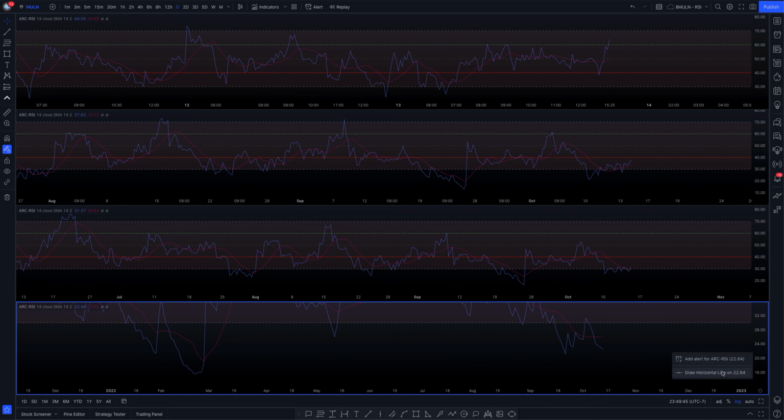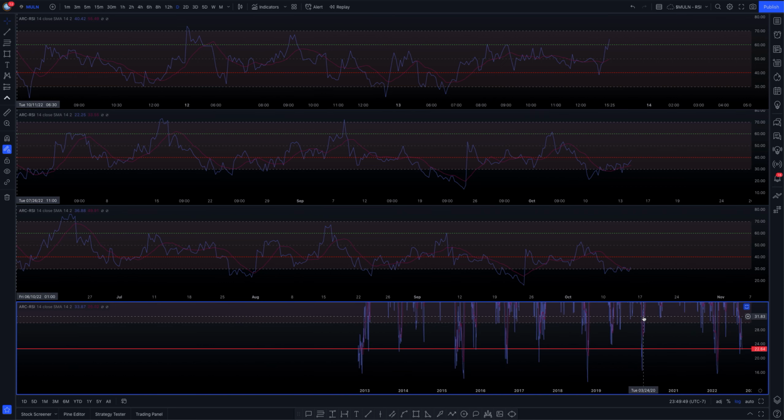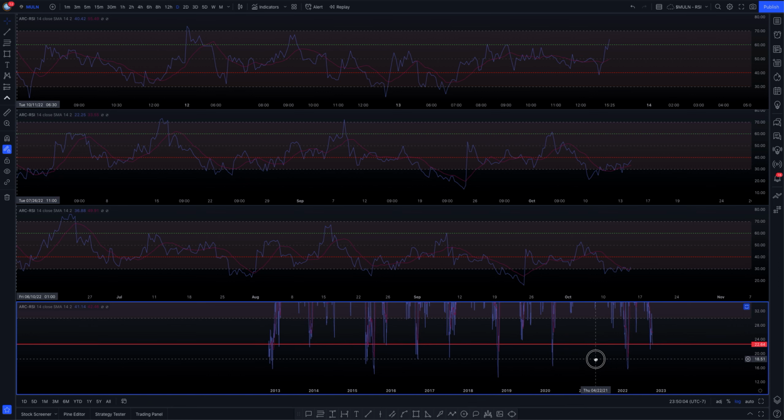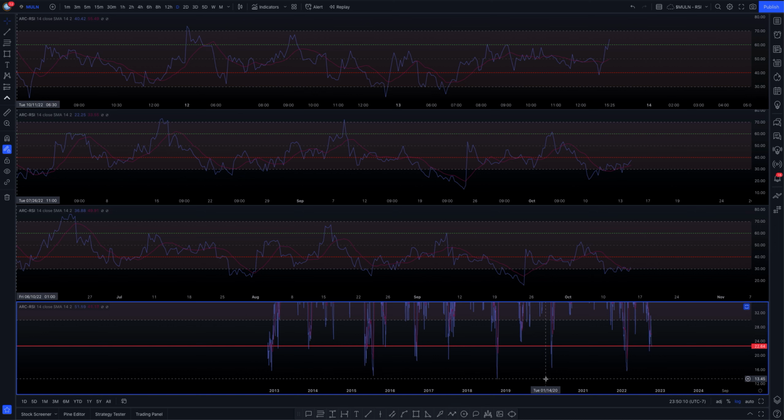So we can actually draw a horizontal line there and zoom out just to see how many times since 2013 we've reversed from there. So looks like we have one right here, another here, right there. 1, 2, 3, 4, and our current iteration right now. So there is still space to fall deeper.